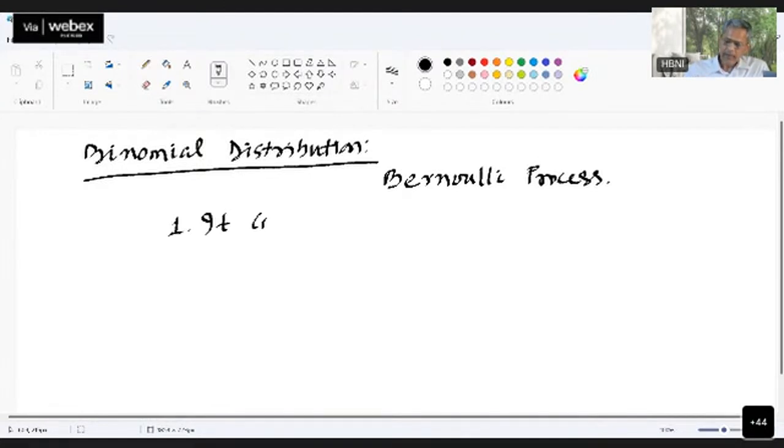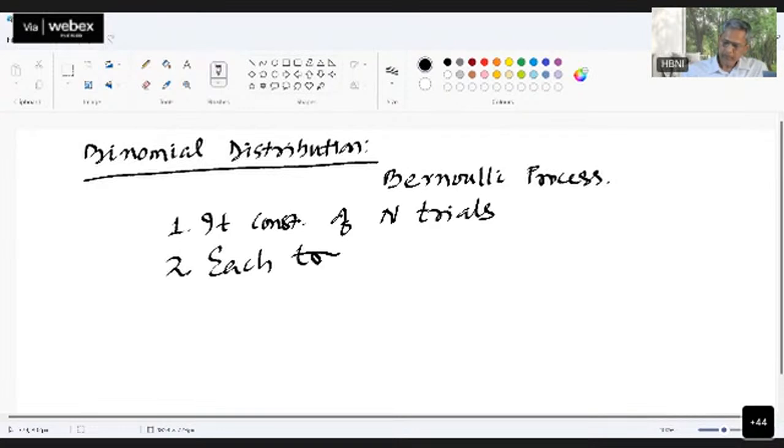One, it consists of n trials, and two, each trial has a binary outcome.